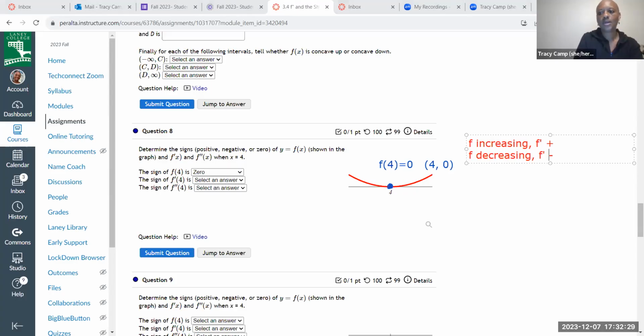And so I'm going to erase this point that I've drawn because now we're focused on f prime. Notice that if you imagine walking on this curve from left to right, at first you're going downhill, right? So your function's decreasing. But once you get to the 4, it stops going downhill.